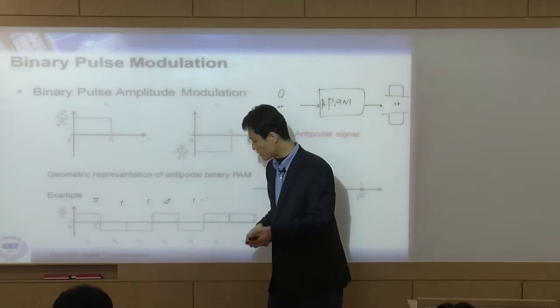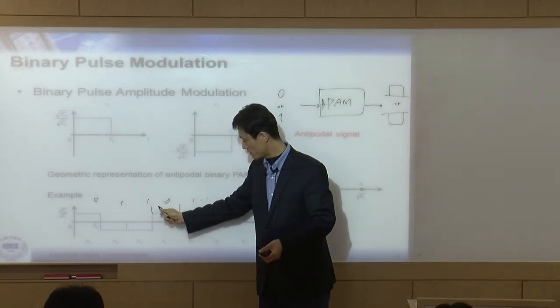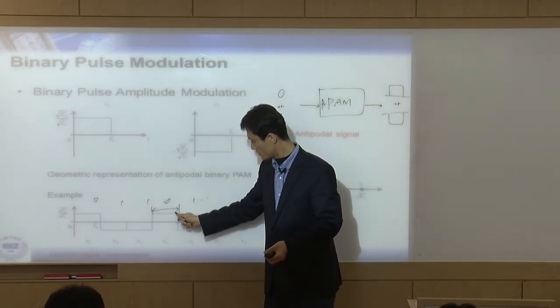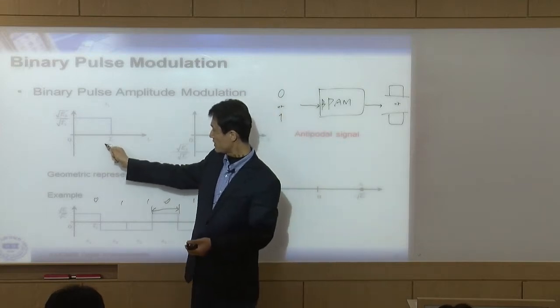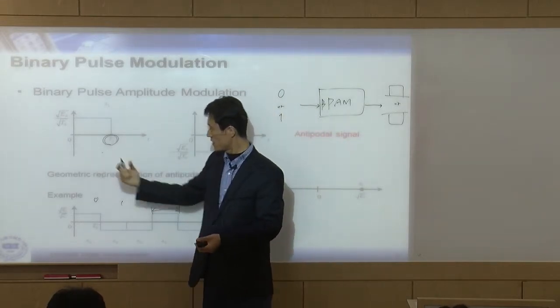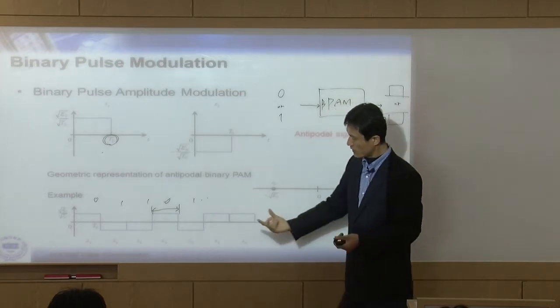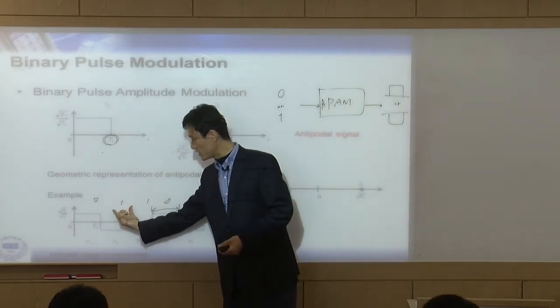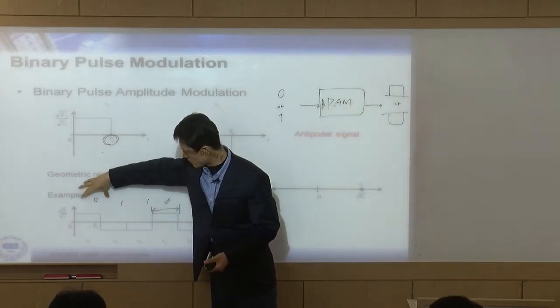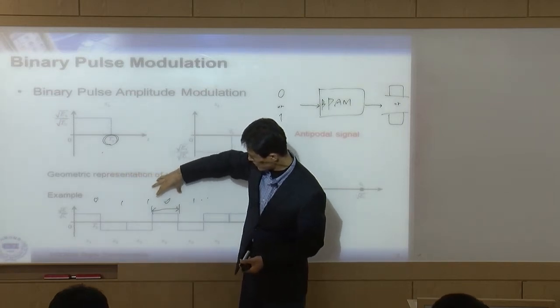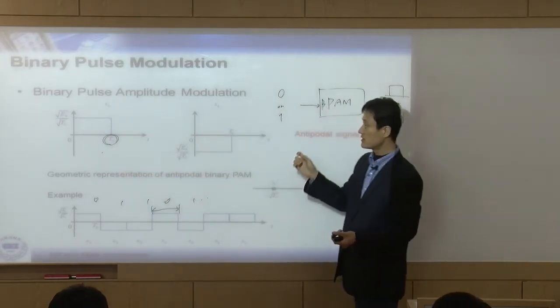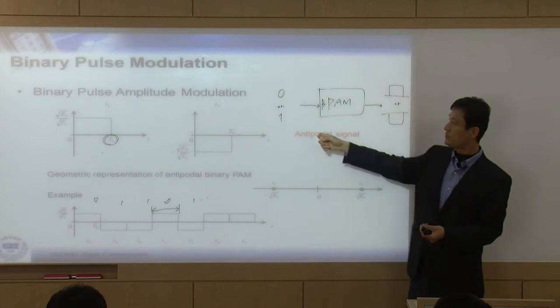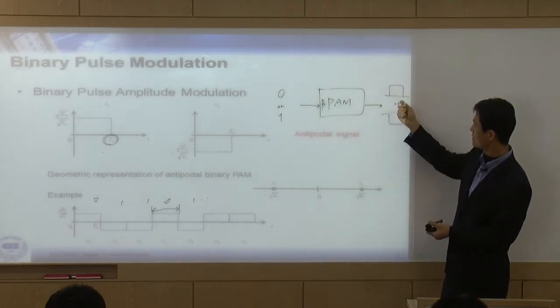And this duration, in this case, is TB, right? That duration is the same as a bit duration. Each bit is this long. But in this case, this is a one-to-one mapping. One bit mapped to one symbol.